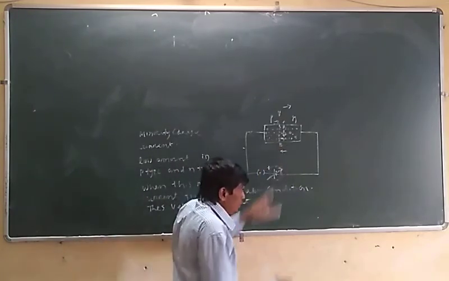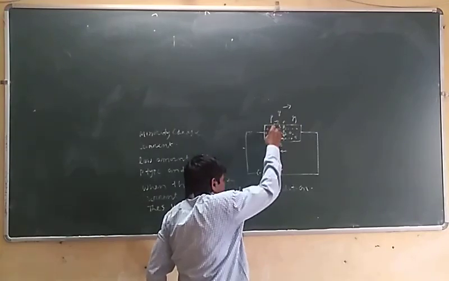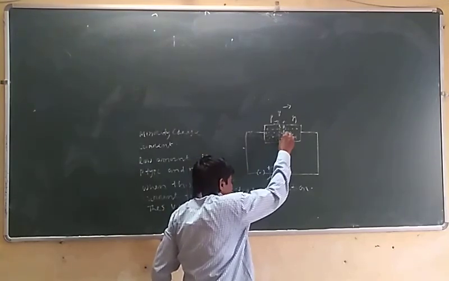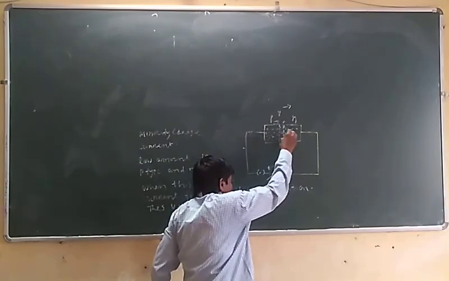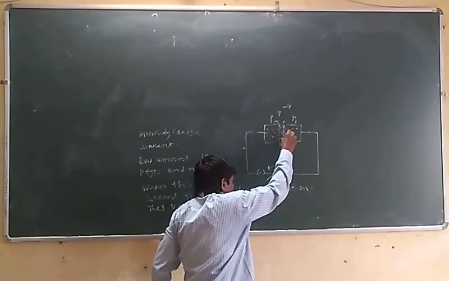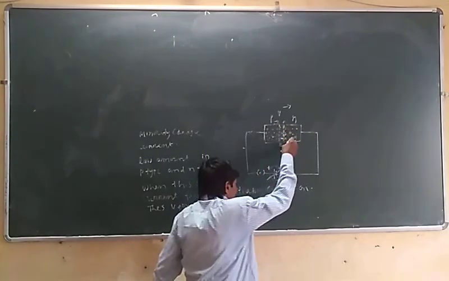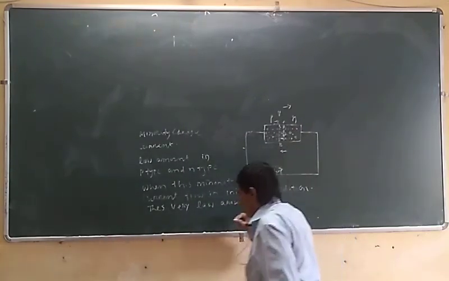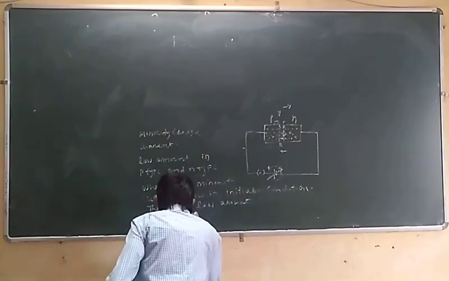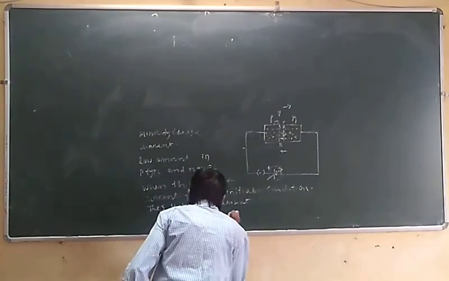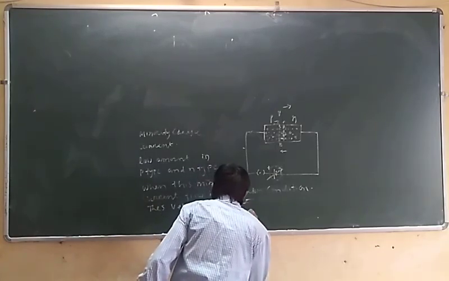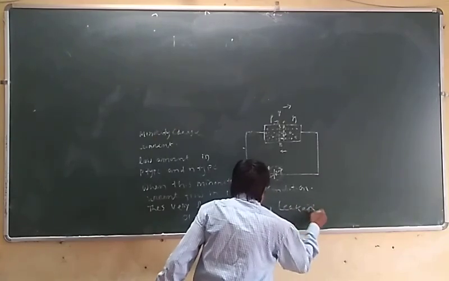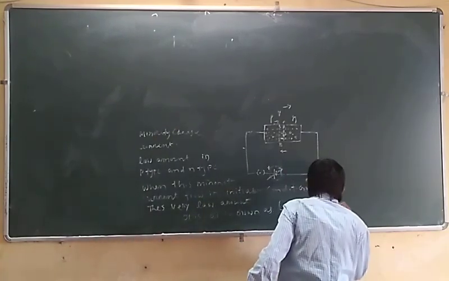Then these electrons in the p side, the minority charge carriers, are allowed initially, then they go to the n side, then they are neutralized because the amount is very low. This current is not effective, so it is also known as leakage current.